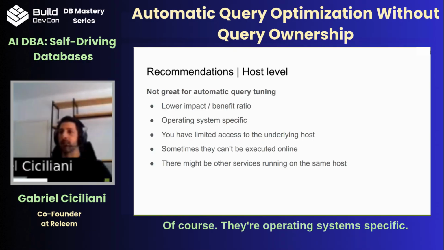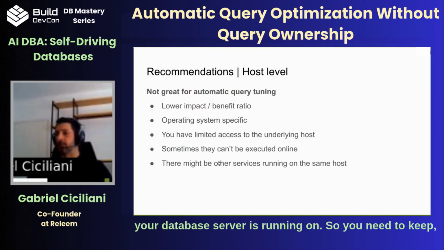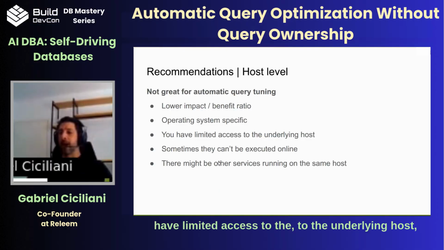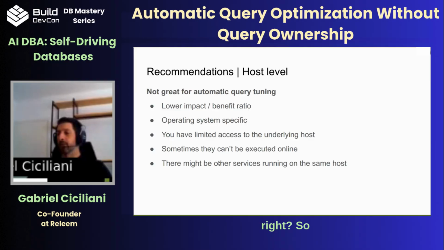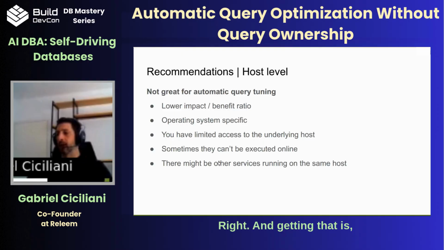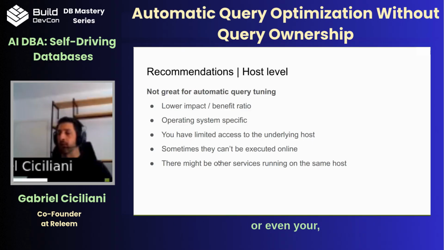Of course, they are operating system specific, so the recommendations need to be tailored for the operating system your database server is running on. If you wanted to implement that automatically, you would need to keep that in mind. And of course, you usually have limited access to the underlying host, right? In many cases you would need something like root or full sudo privileges to implement some of these changes, and getting that is a bit outside of the scope of your database server or even your automatic query tuning agent.